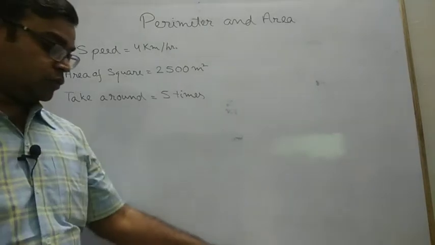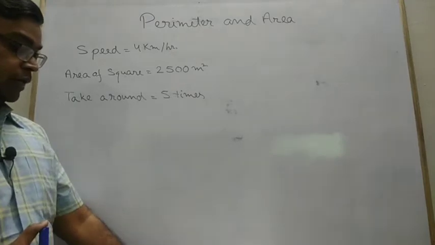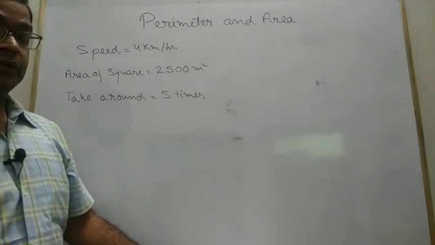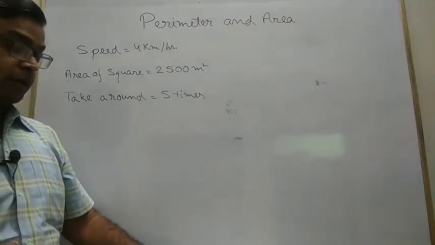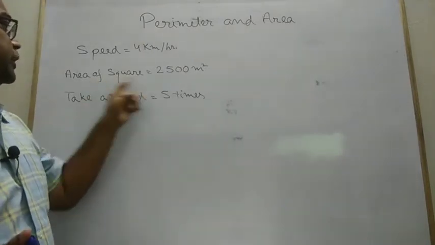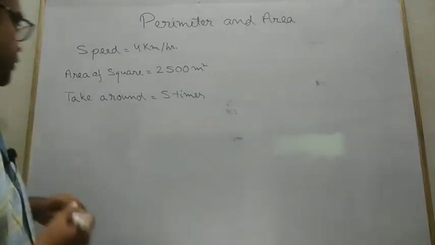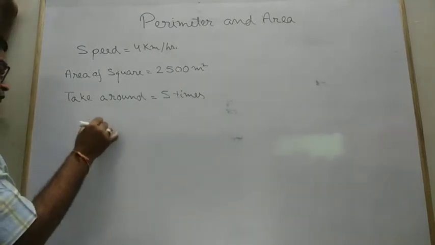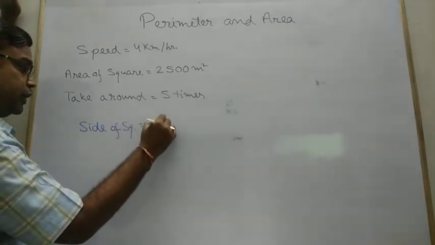In this type of question, again I am reading the question. A person walks at the rate of 4 km per hour, that is speed. How long, that is time, will he take to go round a square park 5 times if the area of the square is 2500 meter square? So first we have to find the perimeter of the square. For finding the perimeter we need the side. We know that side of square equals under root area.